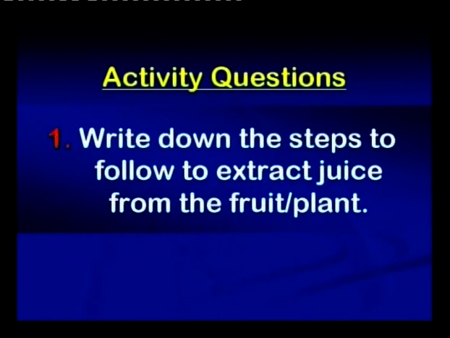Now, the first part of this lesson: you are to write down the steps to follow when you are making juice from the fruit or the plant. I will not give you the steps. You will discuss in your group and write down the steps in which your group will carry out to make your juice.